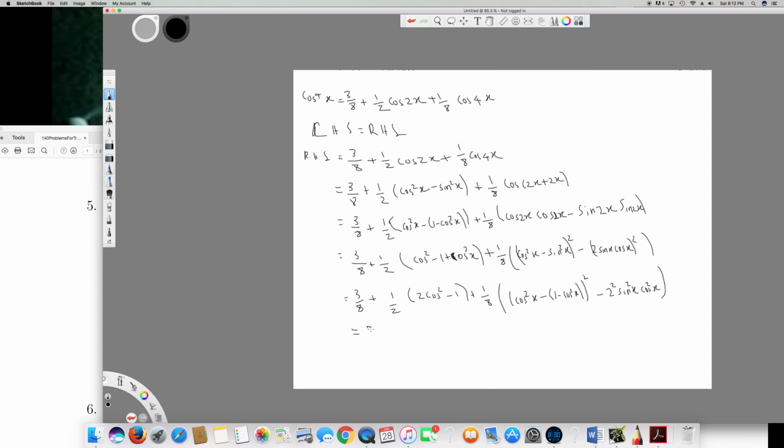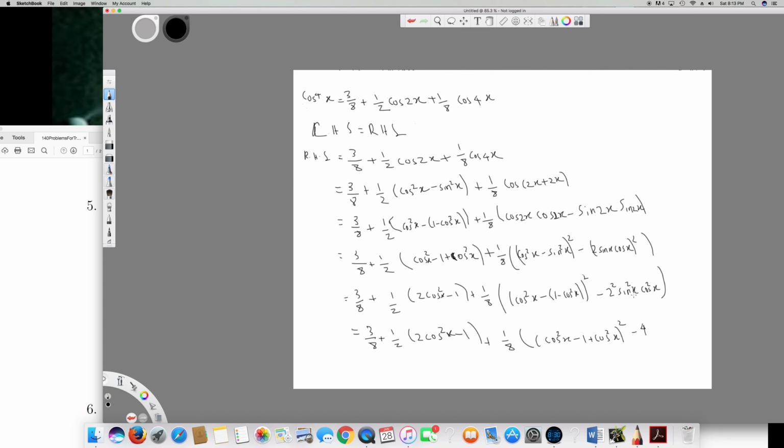So equal to 3 over 8, 1 over 2, 2 cos square x minus 1 plus 1 over 8, and cos square x minus 1, plus cos square x whole to the power of square minus 2 square is 4.